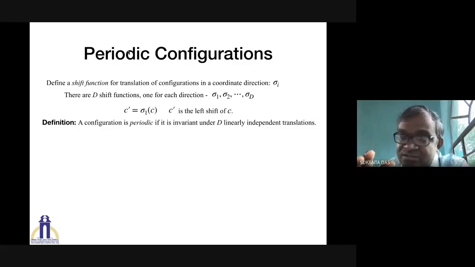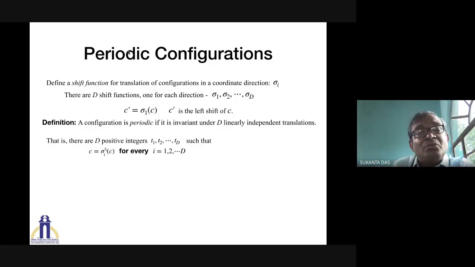What does it mean? There are D positive integers, suppose T1, T2, up to TD, such that C is equal to sigma I to the power T I of C for every I.